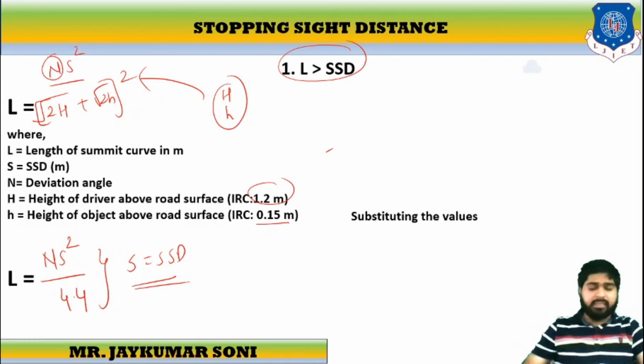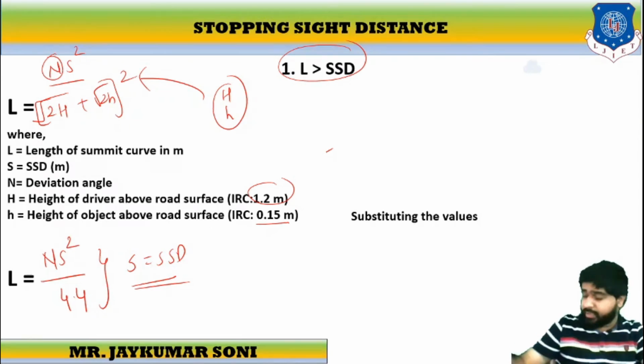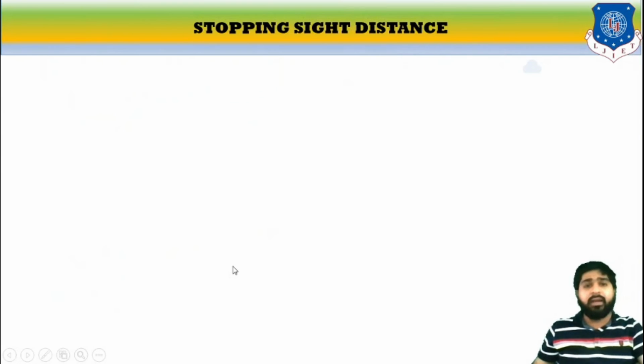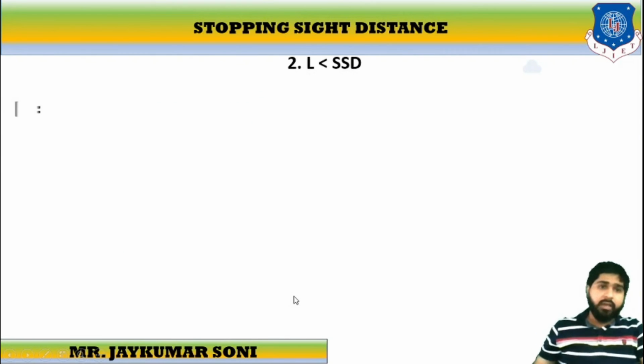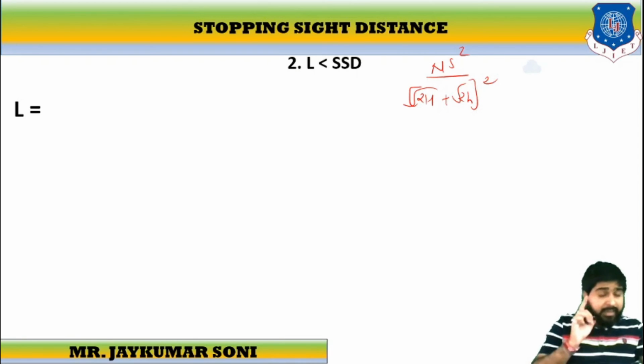Now let us discuss the second case. The first case was where L is more than SSD. Now the other case is where L is less than SSD. What was the equation for L more than SSD? It was N S square by (square root of 2H plus square root of small 2h) whole square. Now let us understand this equation.